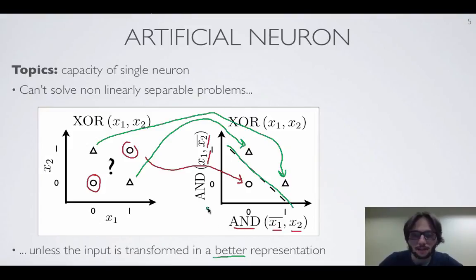This also suggests that if we have this other representation which is representable by a single neuron, and that's the case for these two functions, as we've seen before, then by having a neuron that computes this and a neuron that computes that, and connecting these two neurons to another neuron, we might be able to compute certain functions that require more complicated computations and a more complicated decision surface.